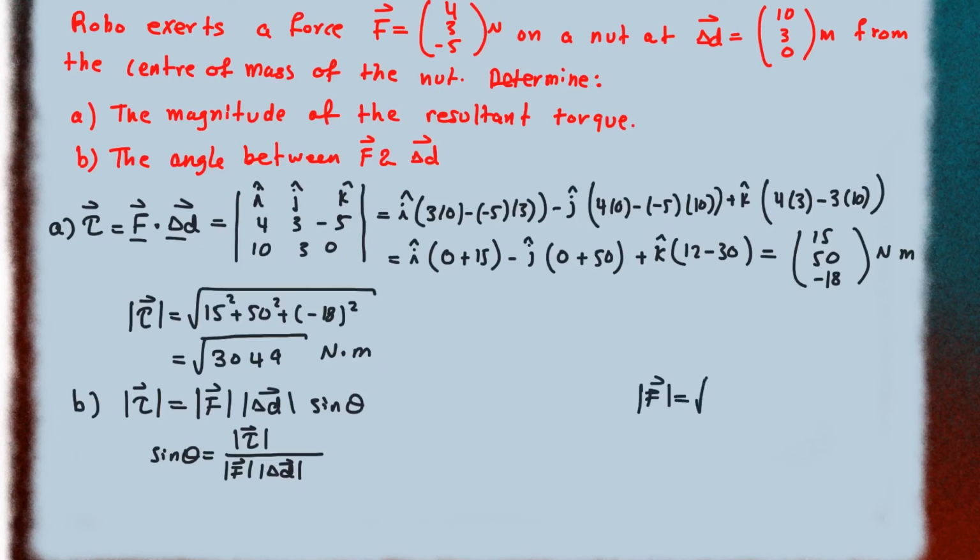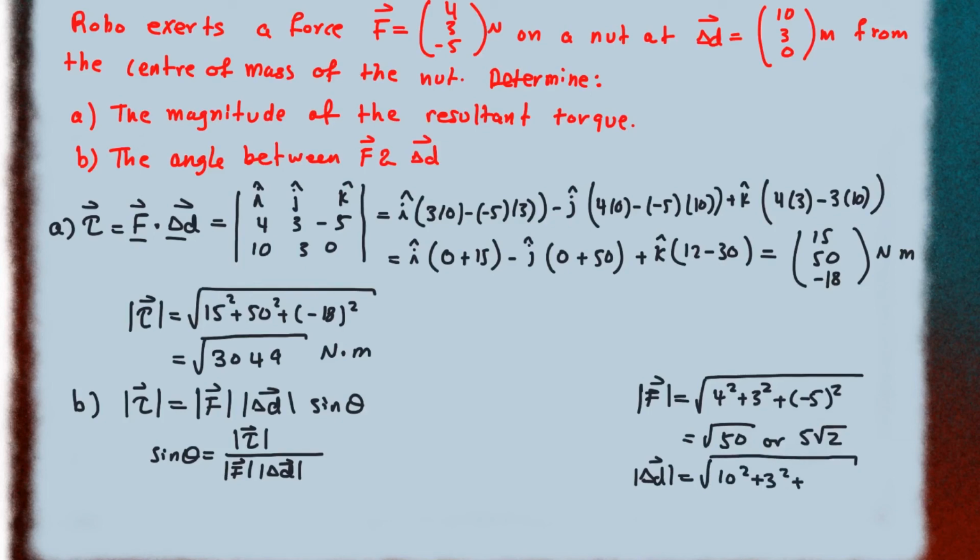Now, we have the magnitude of the torque, but we need to find the magnitude of the force and the displacement. For these, we're going to take the root of their x component squared plus y component squared plus z component squared to get the magnitude of force to be root 50 and the magnitude of the displacement to be root 109. Once we have those, we're going to plug it in, and we know that theta is the inverse sine of the equation that we had.